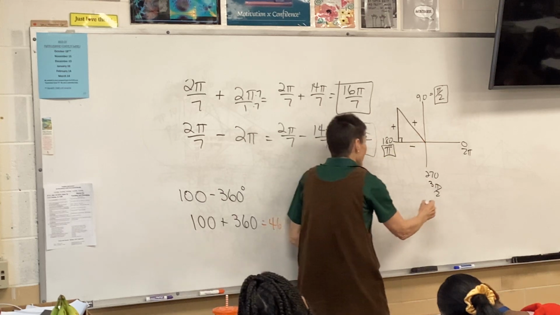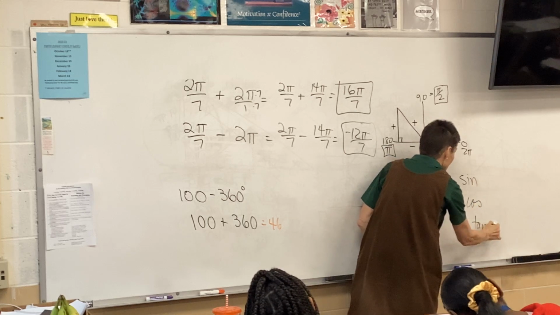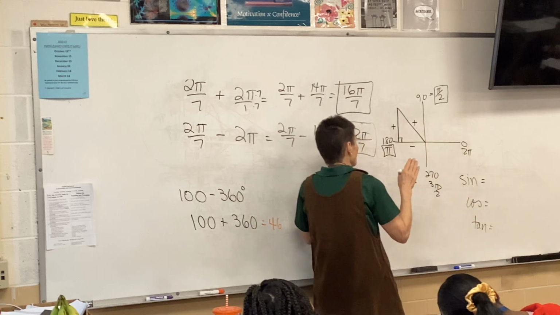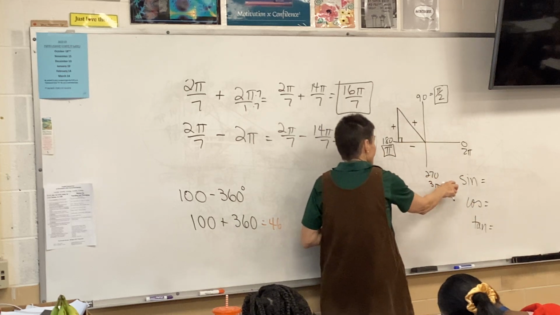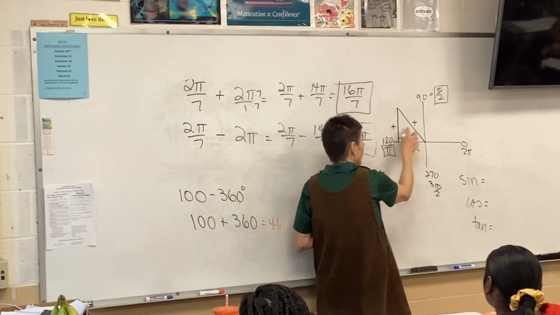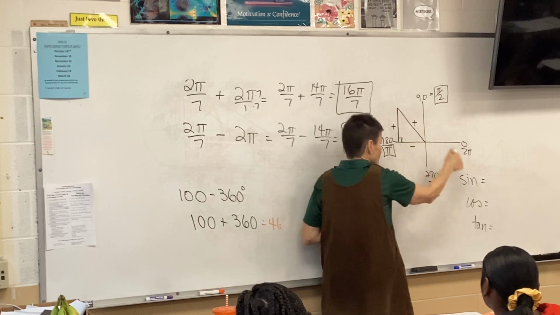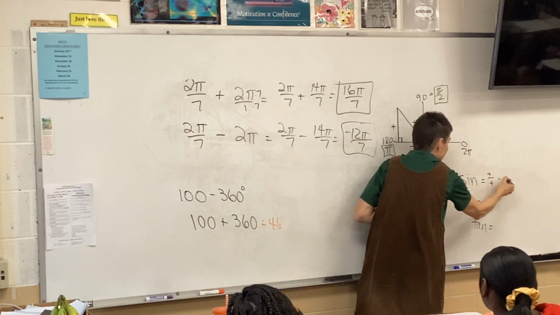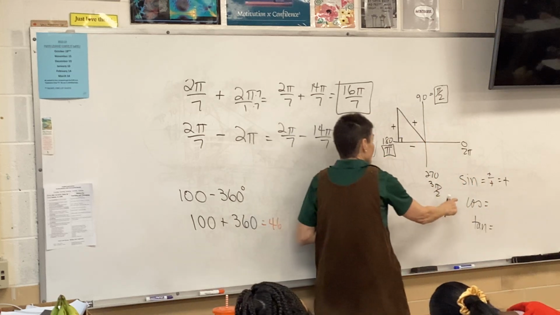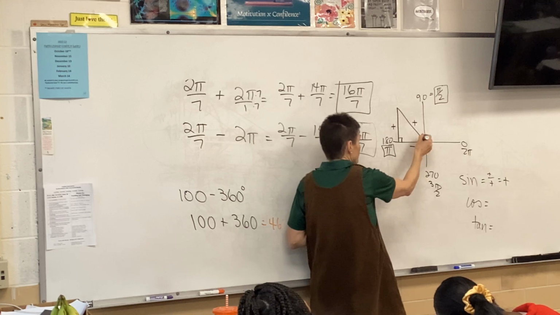Now, tell me about the sine, cosine, and tangent. I don't know numbers, I know no numbers, I just know plus or minus. What's sine? Opposite over hypotenuse. So opposite over hypotenuse will be plus over plus, which is plus. What about cosine? Here's your angle.